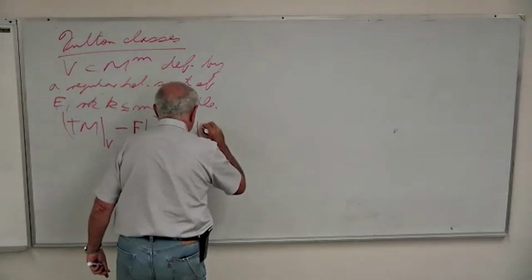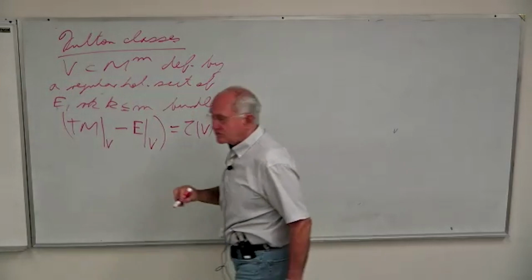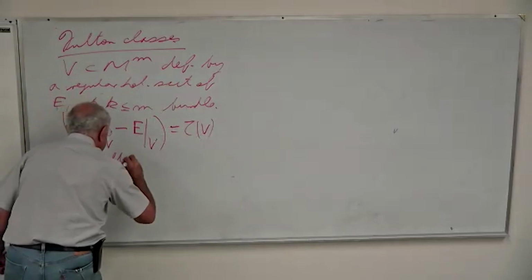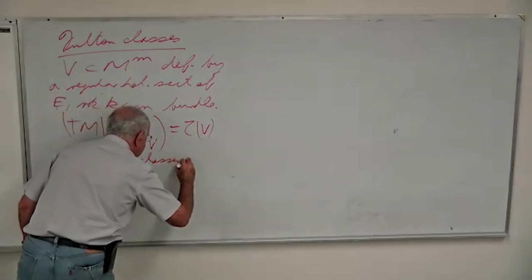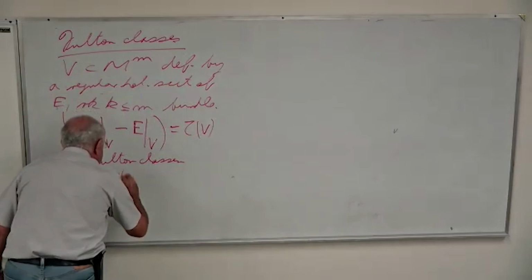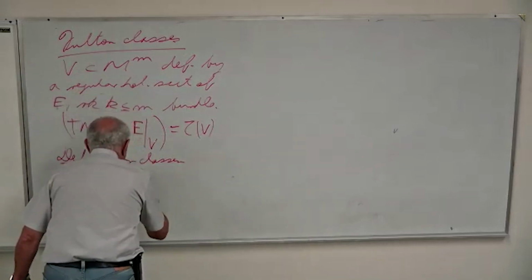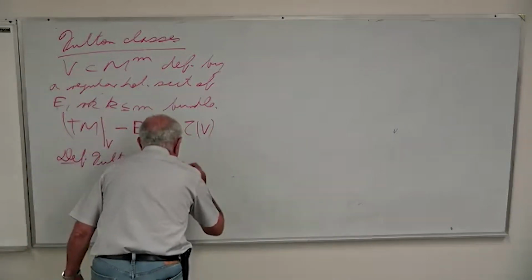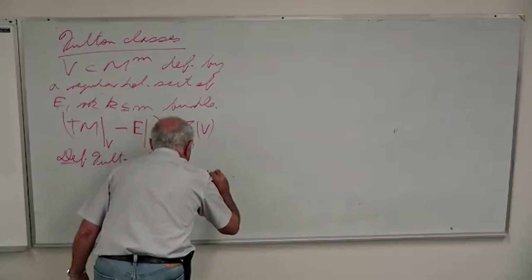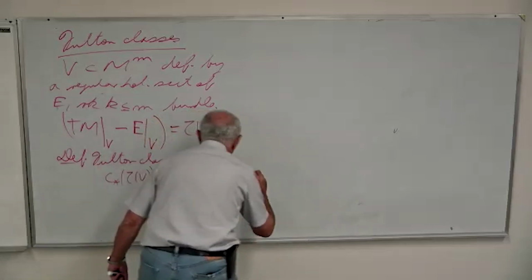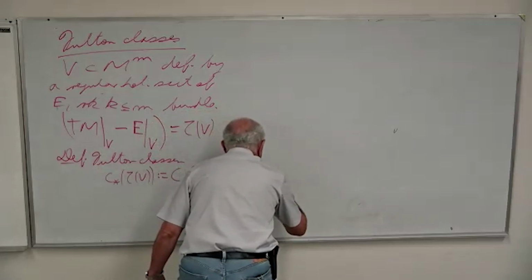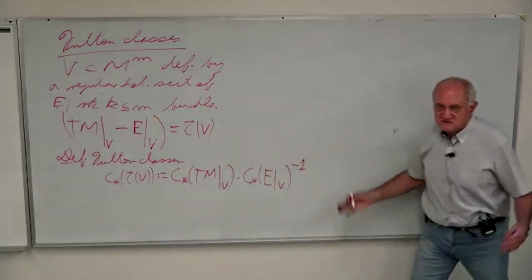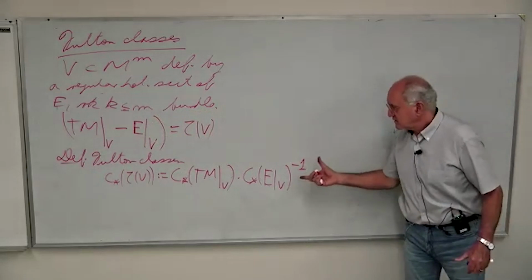So even in the singular case, you have this well-defined bundle, and you define the Fulton classes to be C star of this bundle, which is by definition the total chain class of the tangent bundle of M restricted to V times the total chain class of E restricted to V minus 1. That's by definition. So very simple definition, and actually very computable.